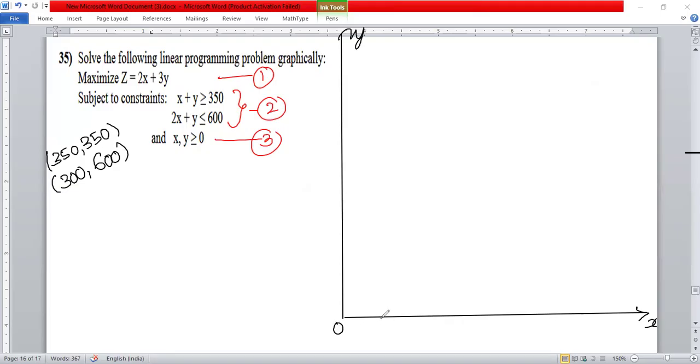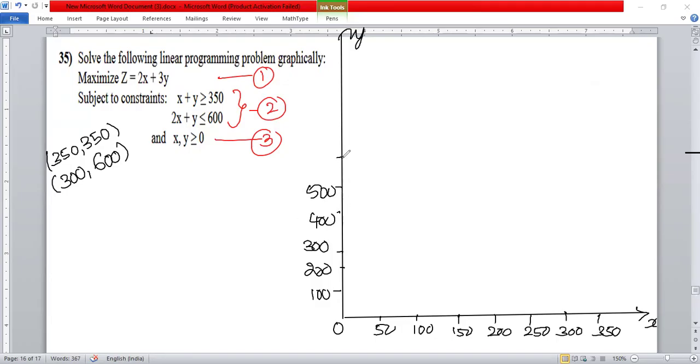X-axis will take 50, 50, 100, 150, 200, 250, 300, 350. So y-axis highest is 600. So 100, 200, 300, so 400, 500, so 600.